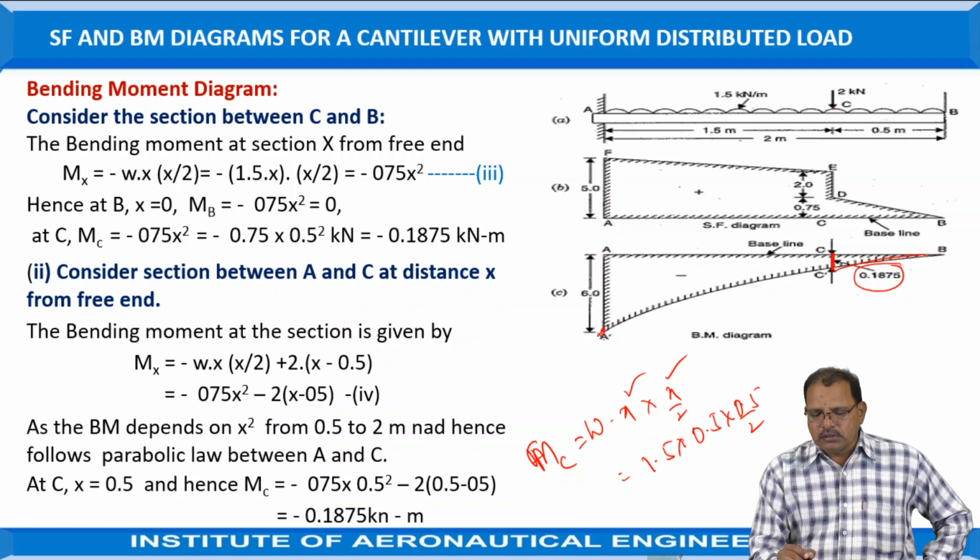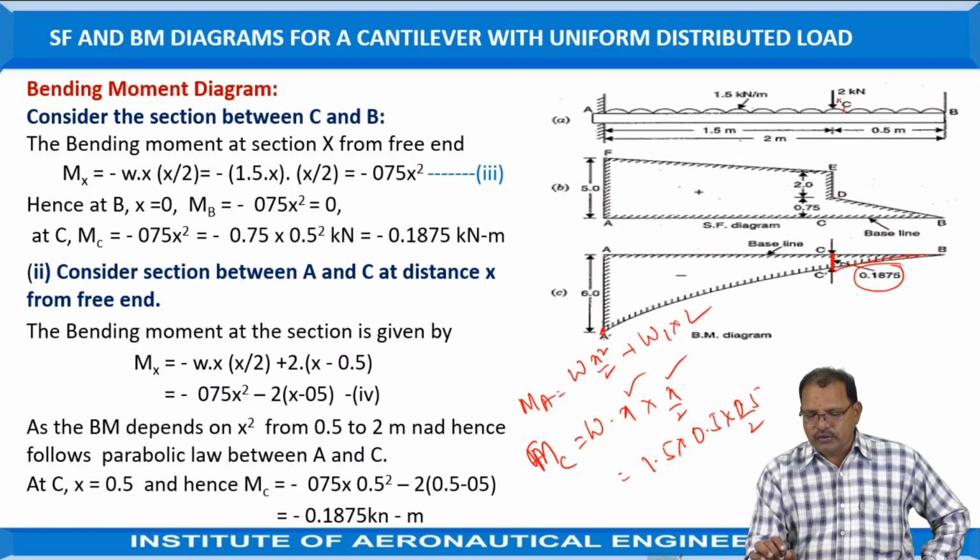At A, the bending moment is W into x square by 2, W into x by 2 for the uniformly distributed load. The point load is also acting, so here it is W1 into L, the distance between these two points.